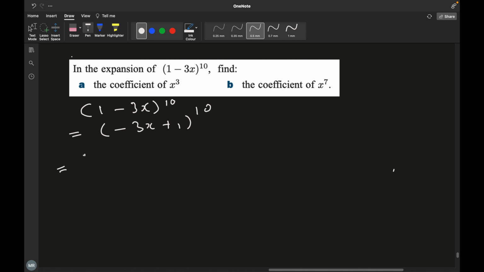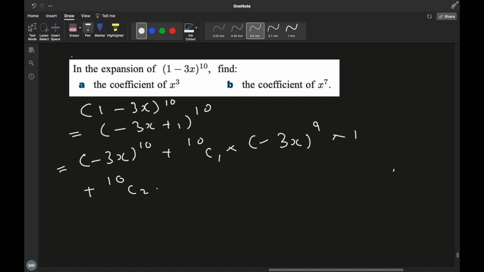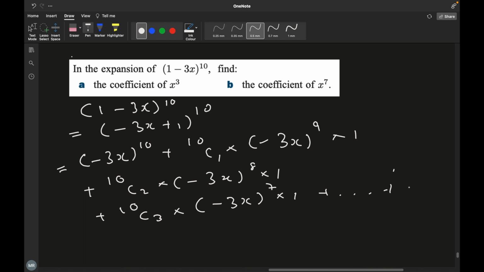We have (negative 3x) to the power of 10 plus 10C1 into (negative 3x) to the power of 9 into 1, plus 10C2 multiplied by (negative 3x) to the power of 8 multiplied by 1, plus 10C3 into (negative 3x) to the power of 7, and so on till 1 to the power of 10, which is 1.